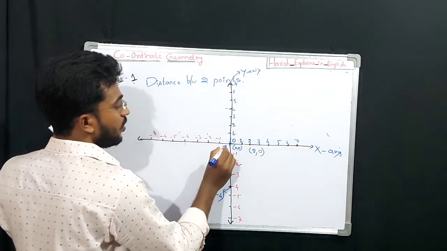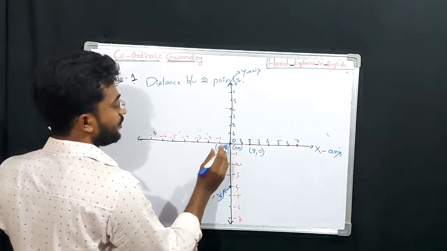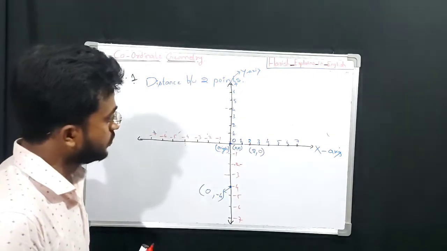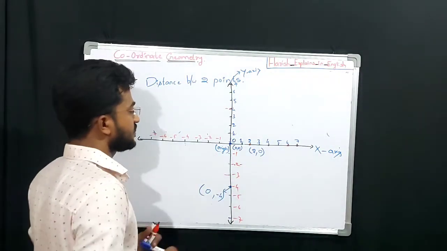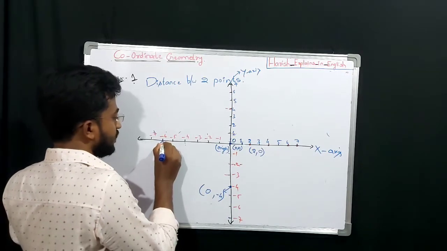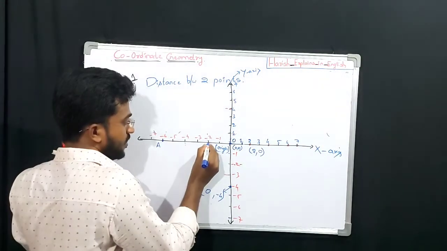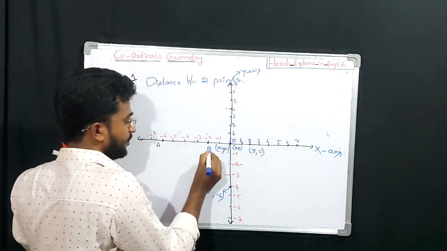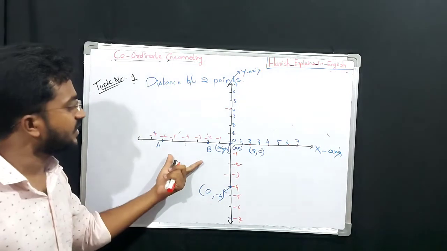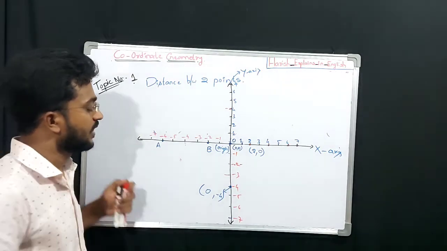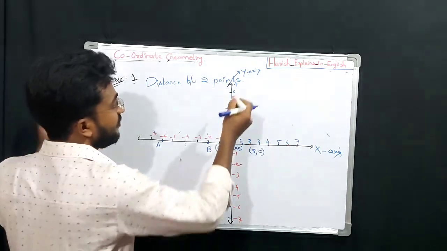This is called the origin. So if you consider 2 points on the axis, minus 6 as A and minus 2 as B, you can consider these 2 points and we have to find the distance between the 2 points. In the same way for the y-axis also.